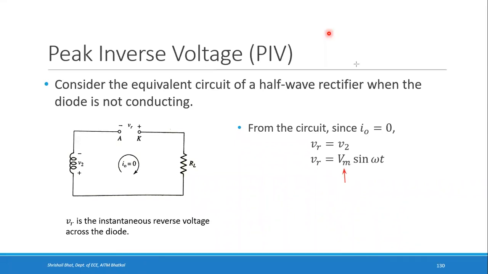So peak inverse voltage is the maximum value of VR, which in the case of this signal is Vm. That's why peak inverse voltage is the peak value of the input signal, that is Vm. That's the peak inverse voltage of the half wave rectifier.